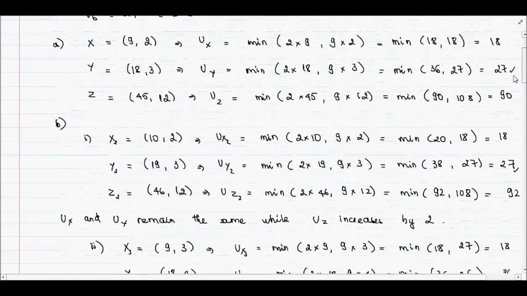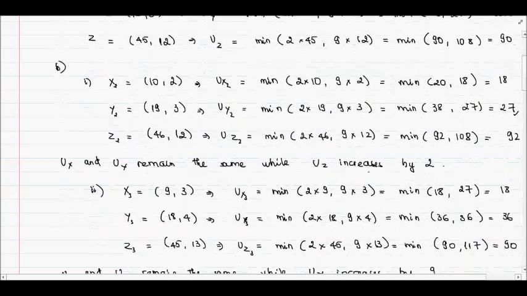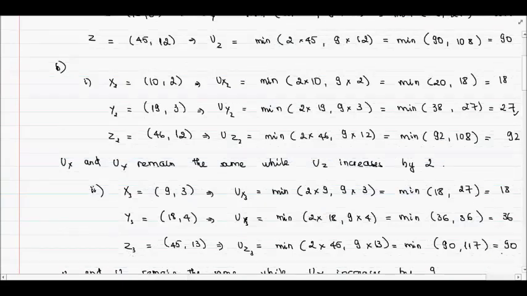Now if we look back at our bundle Z, which is 45 units of X and 12 units of Y with a utility of 90, we can see that bundle Z3 has the same utility of 90 as well. So if we keep the same level of 45 units of bread and increase units of cheese, that is going to give us the same amount of utility.